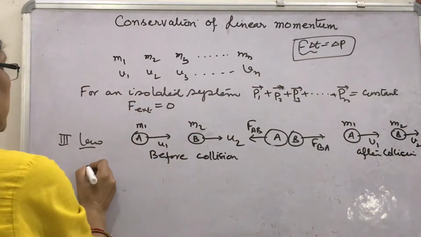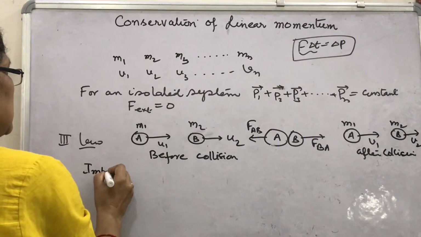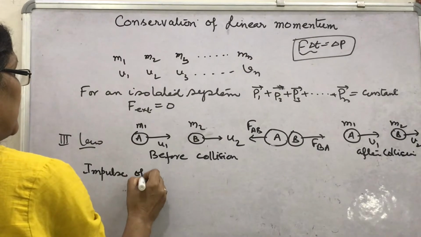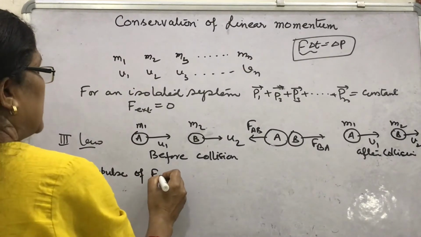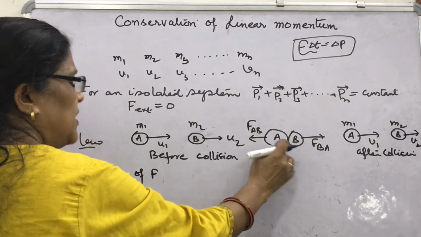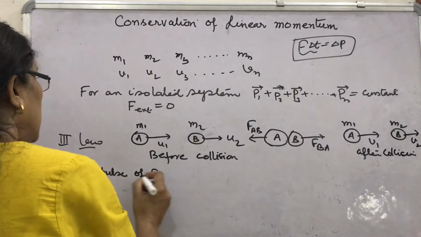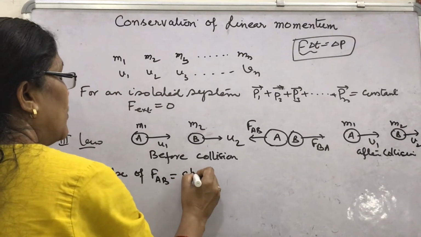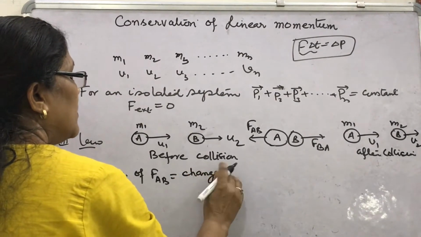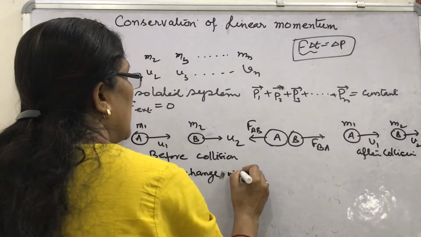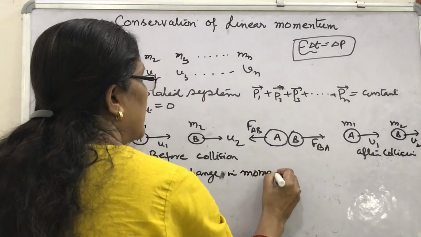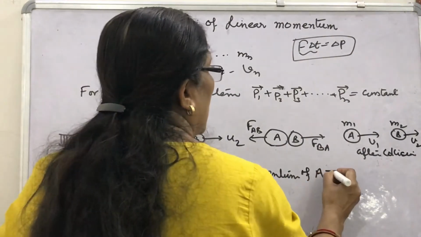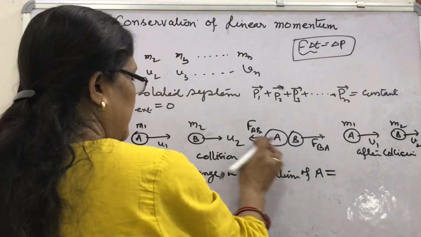You know what impulse is? Impulse is change in momentum. You have read that impulse is a large force applied for a short interval of time. So here they are internally interacting with each other. So the impulse of force FAB is the change in momentum of A. How will you find the change in momentum of body A, the first body?